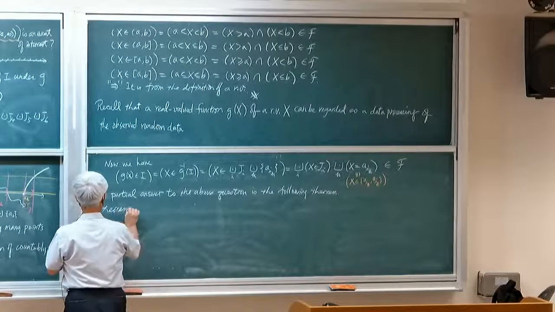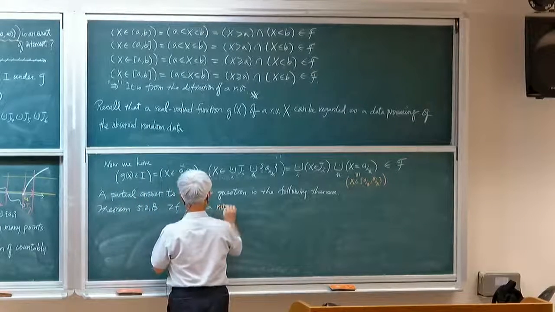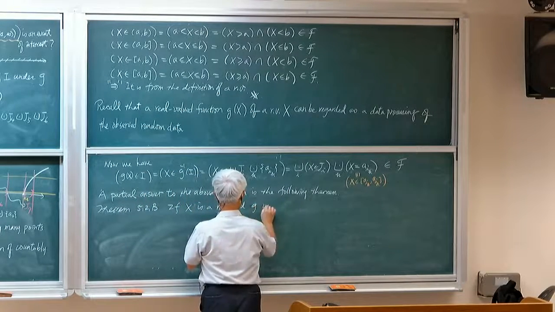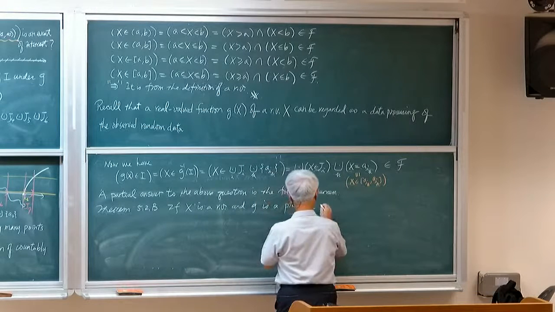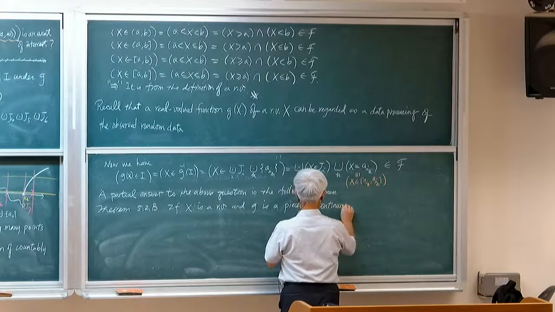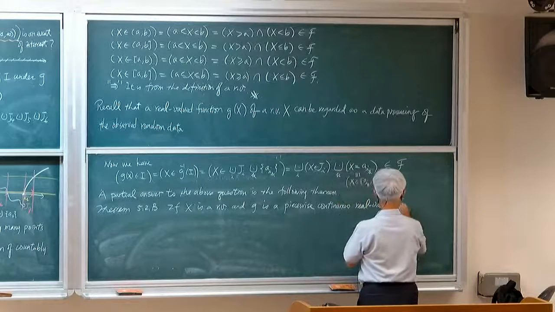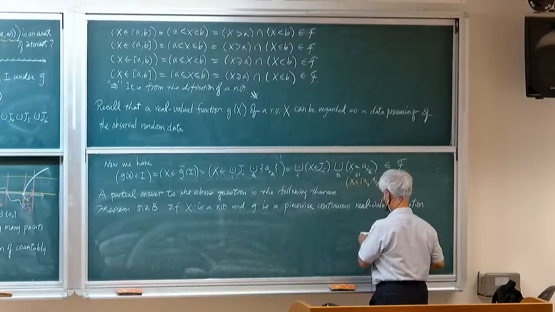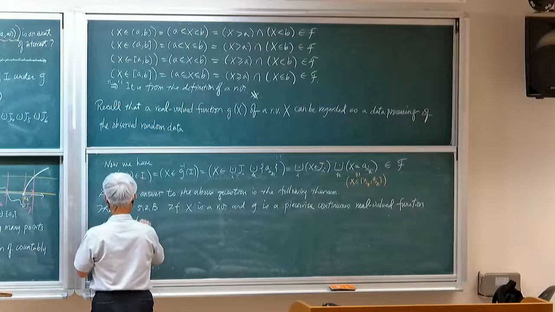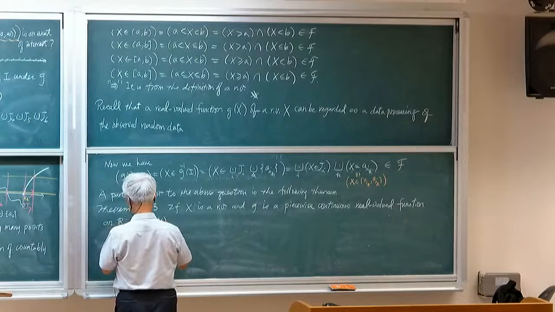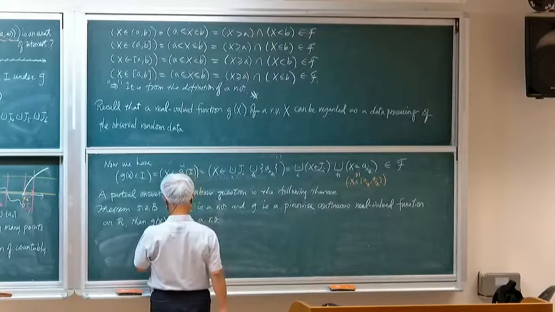We use theorem 5.2.b: if X is a random variable and g is a piecewise continuous real valued function on R, then g of X is also a random variable.